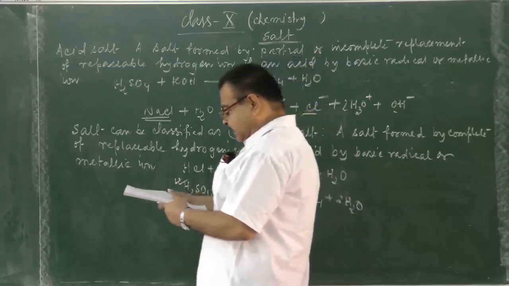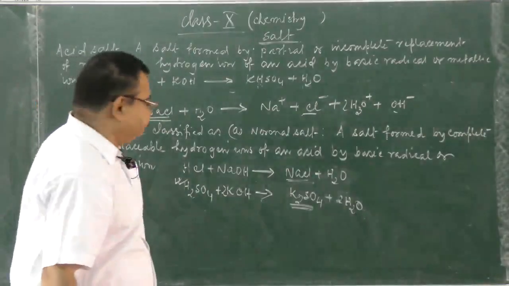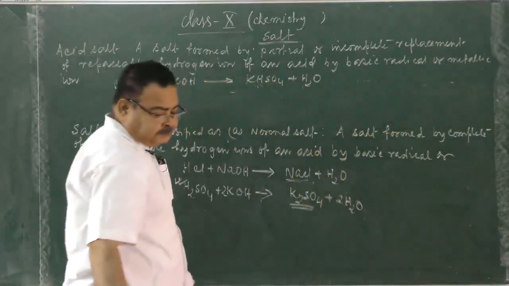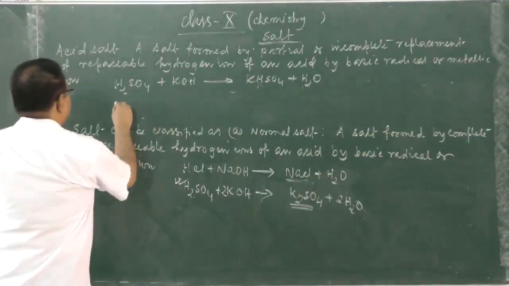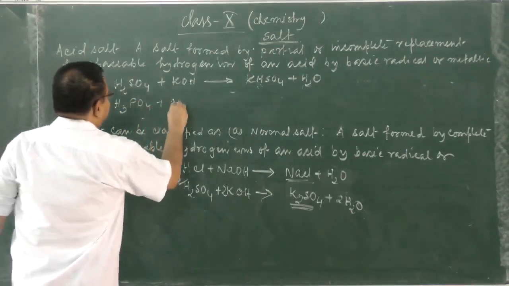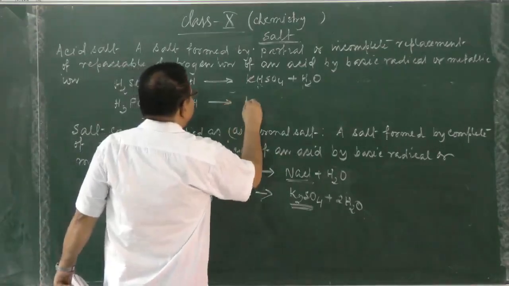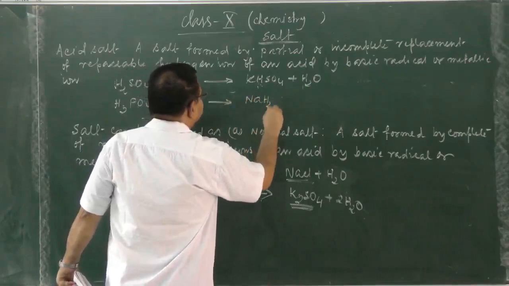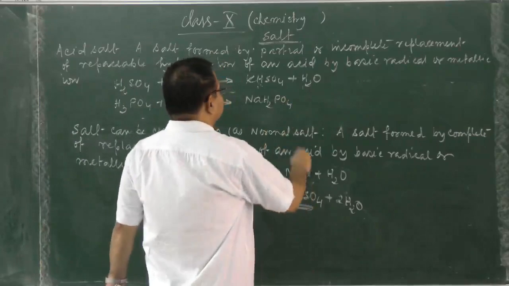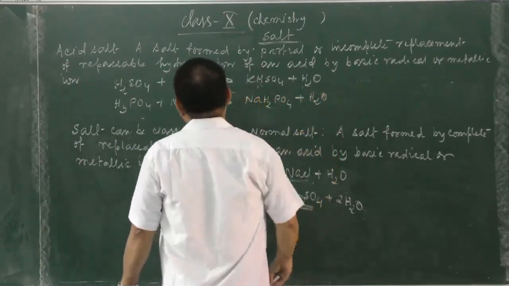There are others, that is H3PO4 plus NaOH gives NaH2PO4, sodium dihydrogen phosphate. It is one of the important compounds, plus water.